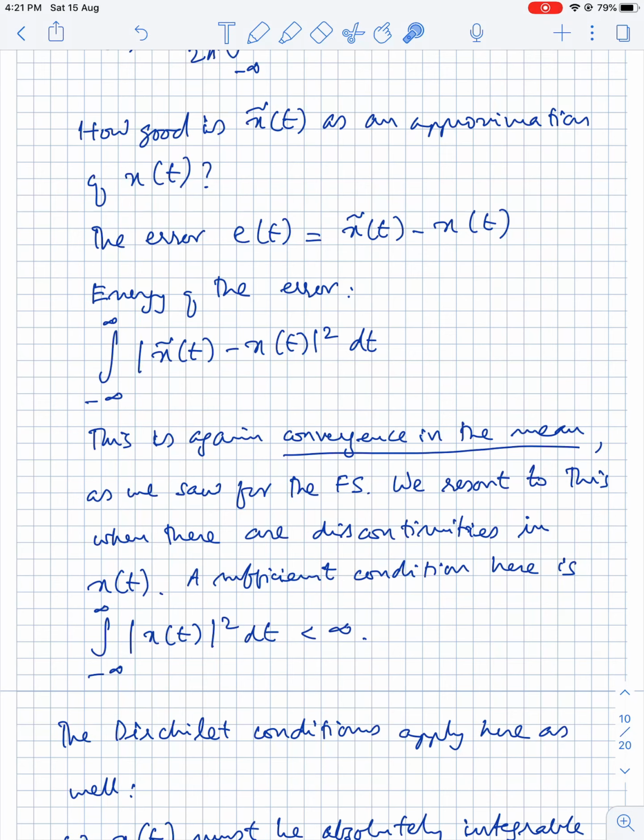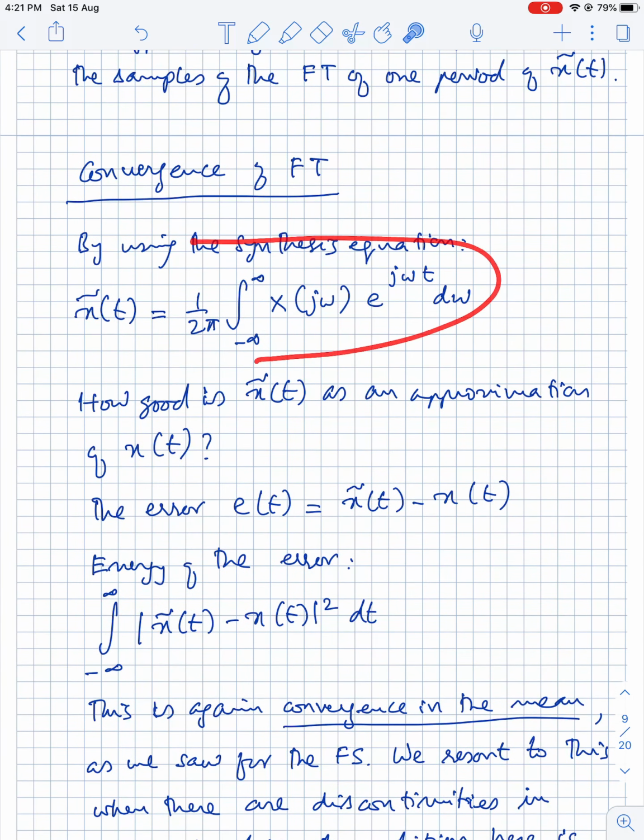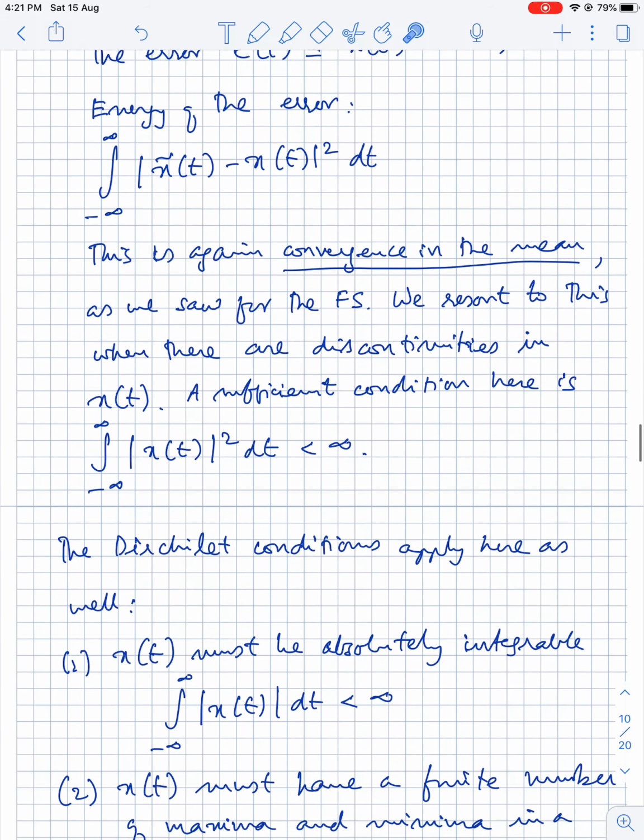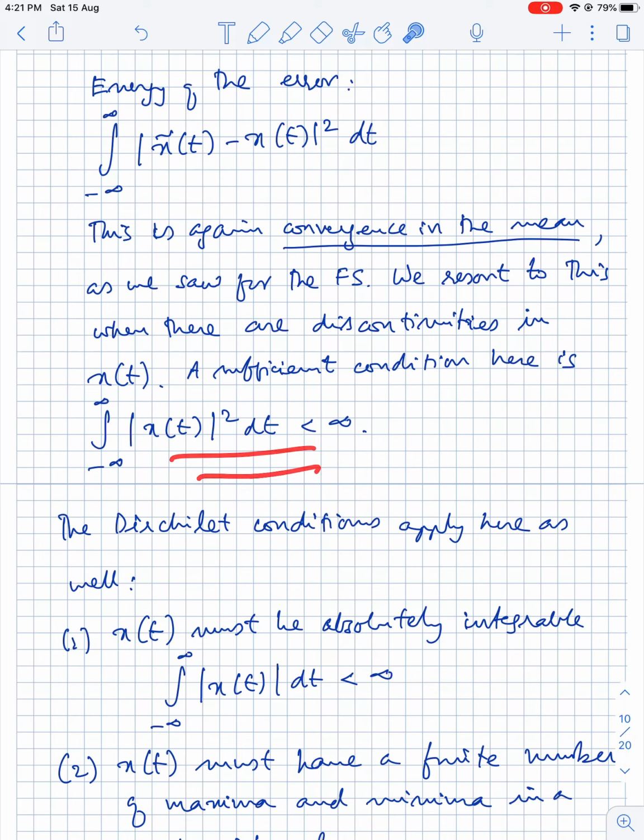So if you are synthesizing x of t using its Fourier transform coefficients, a sufficient condition for the synthesis equation to converge to x tilde of t in the mean is that x of t must be square integrable. This was the same condition which we saw in the Fourier series case.